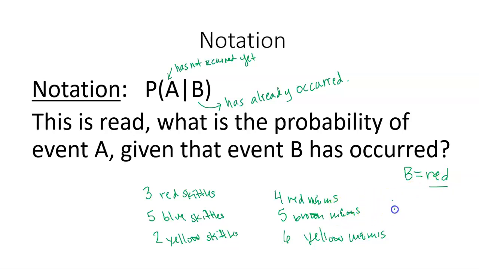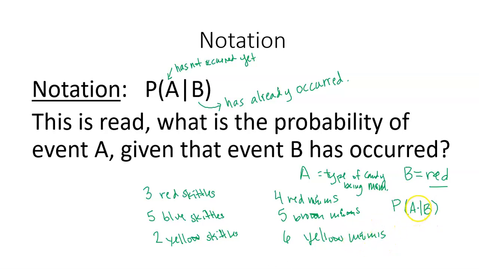We want to know the probability, and let's say event A is the type of candy being an M&M. So what is the probability of event A given that event B has already happened?